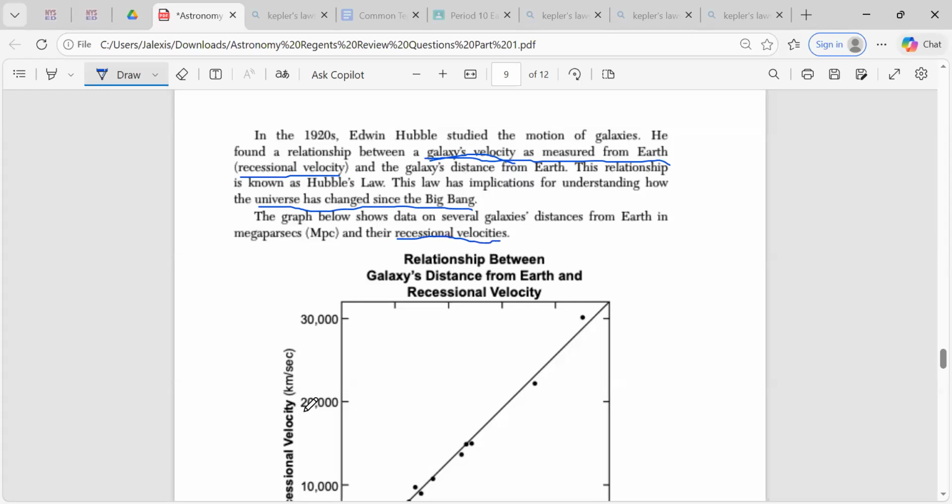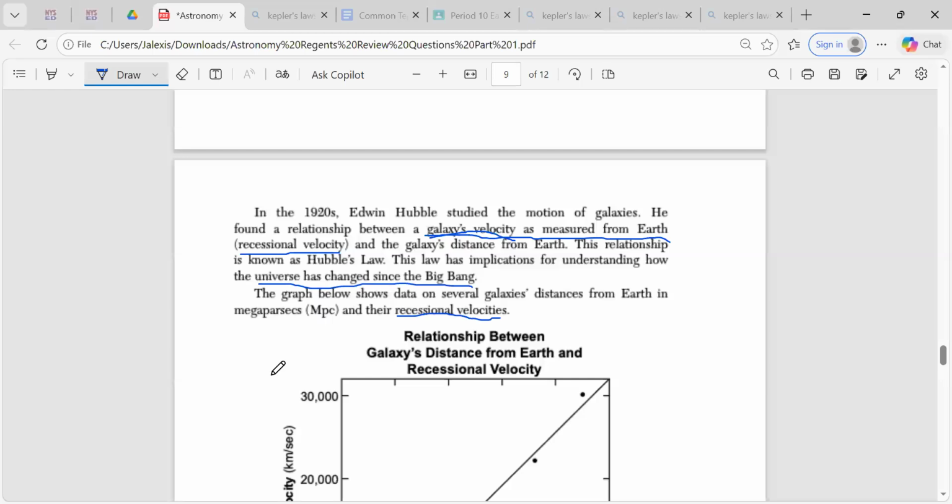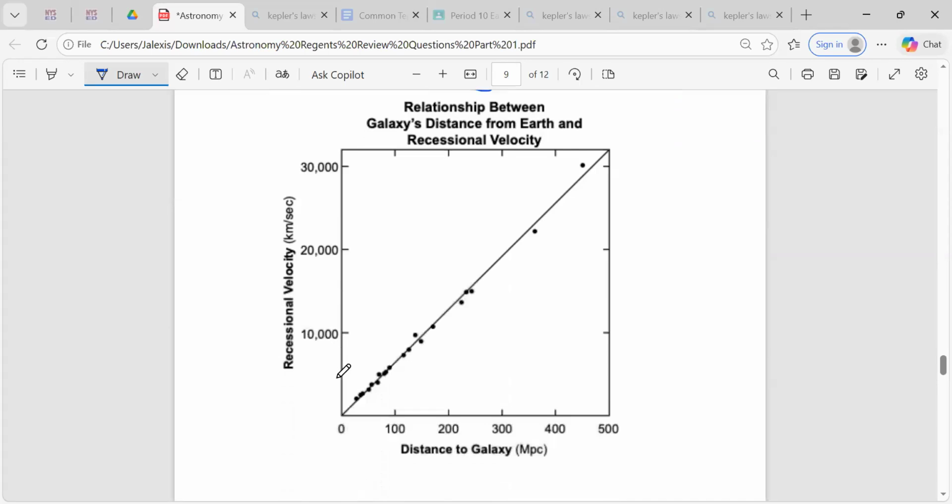So once again, I see this word recessional velocity, and we have to remember that recessional velocity is a galaxy's velocity as measured from Earth. So we are understanding the speed of a galaxy, comparing it from Earth. All right, so keep that in mind.